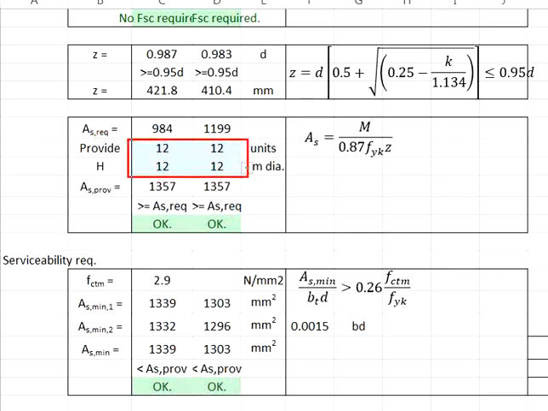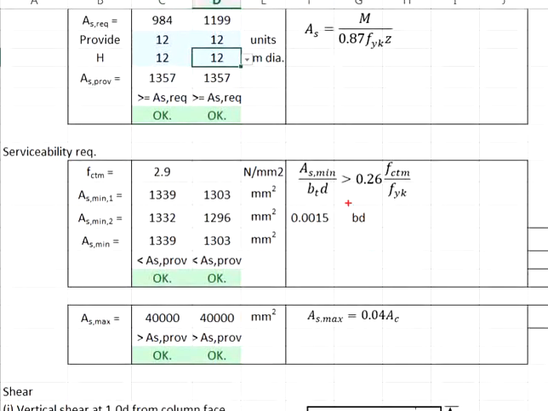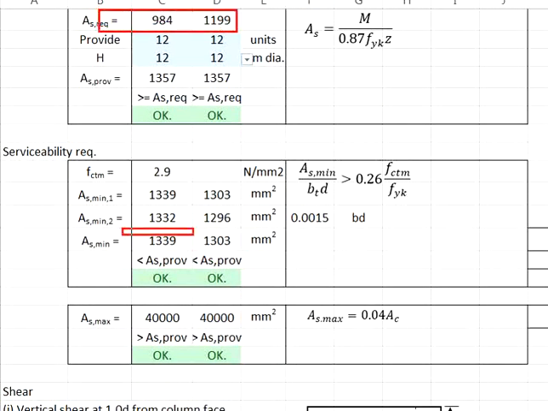Let's say now we provide just enough to fulfill the requirements for the AS min. 12 units for both axes with the bar diameters of 12 mm. That gives you your AS provided 1357, which is slightly greater than the AS min. Now you fulfill both the AS required as well as the AS min.